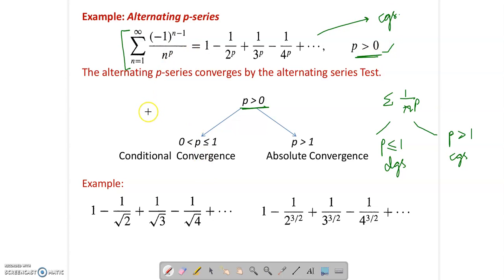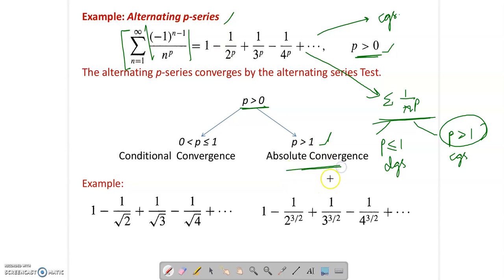Now consider the series of absolute terms. When you take the absolute value, the series of absolute terms will be this one. Now look at this series. This will be convergent for p greater than 1. It means that for p greater than 1, the original alternating p series converges absolutely.